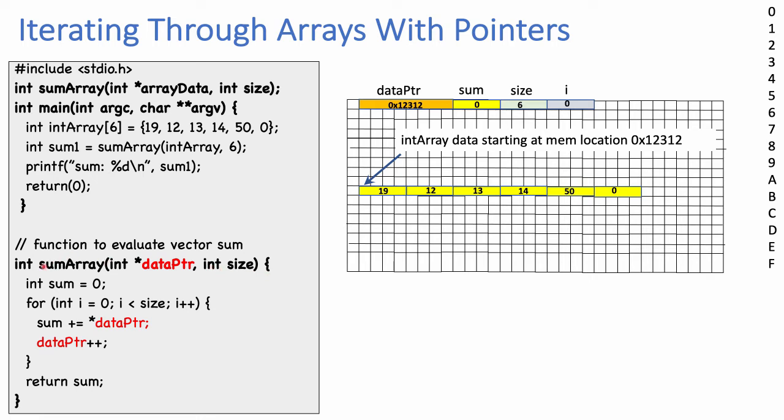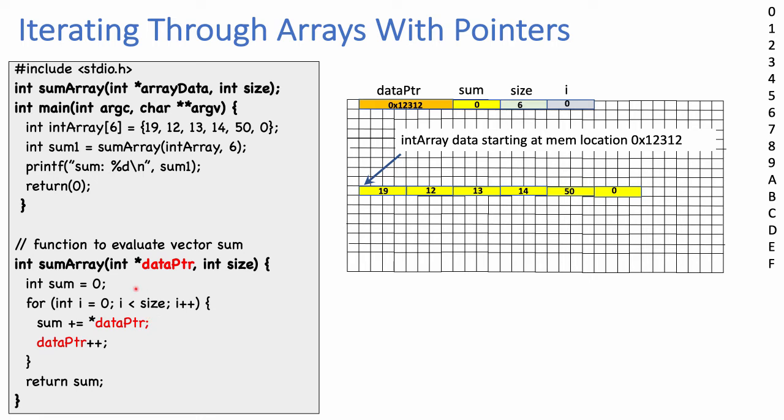And the function is going to return an int. Inside the function, we're initializing a variable sum to have the value 0, and then we loop in a for statement over that array, setting the sum equal to the current sum plus whatever data pointer is pointing to, and then we increment data pointer by a certain amount.